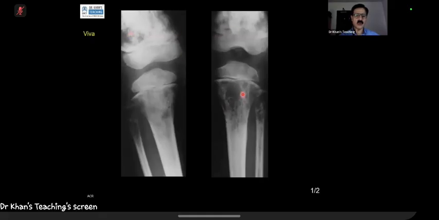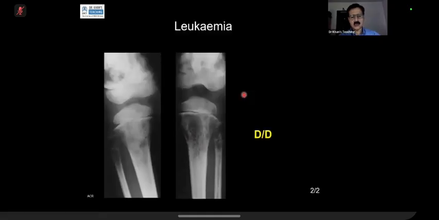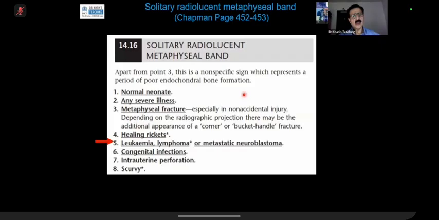Look at here. So now we go into the differential diagnosis. Here the word is written solitary radiolucent metaphyseal band, but it can be slightly different also. Look at this: leukemia, lymphoma, metastatic neuroblastoma.